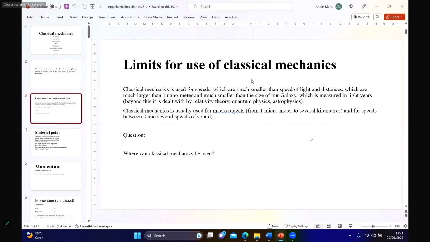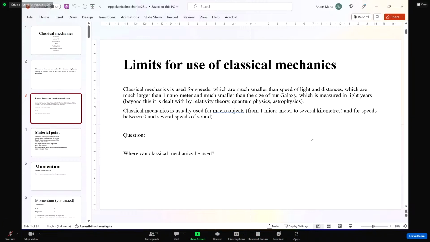So I would say that classical mechanics is usually used for objects from about 1 micrometer to several kilometers in size, and speeds from 0 meters per second to several kilometers per second. So beyond that, we usually don't use classical mechanics.